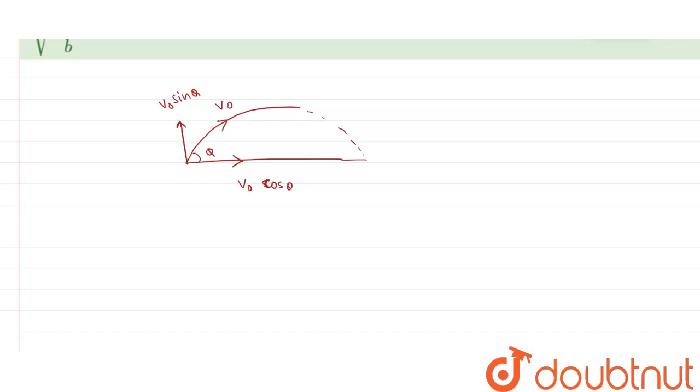Now gravity works on this particle in the downward direction. Gravity is given by the equation according to the question, g(t) equals bt. So I can write acceleration as change in velocity upon dt.